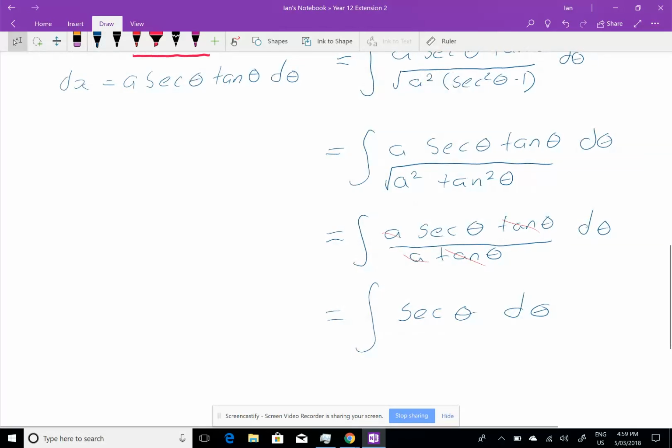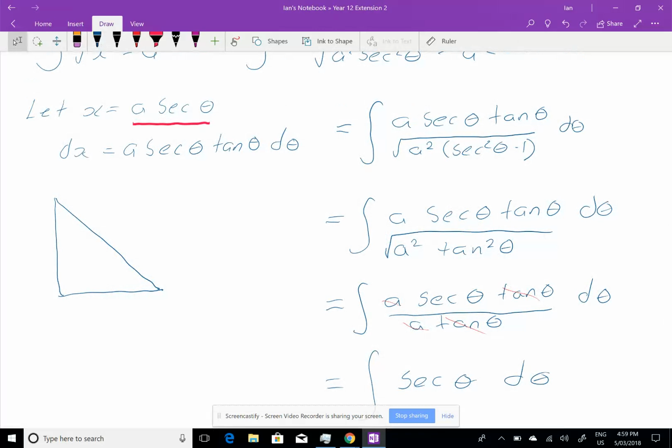Okay, we'll go back here. We'll draw our triangle now. And what did we do? We said x equals a sec theta. So if we put theta here and draw our triangle, and we realise that sec is the reciprocal of cos, sec theta equals x over a. So this is going to be a and this is going to be x.